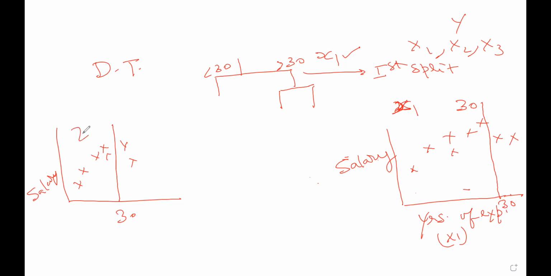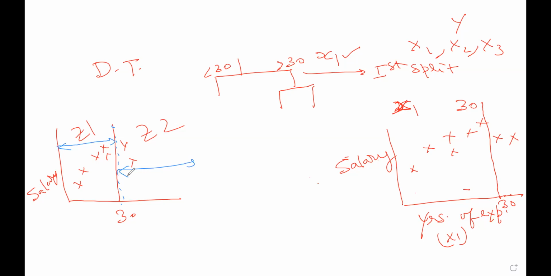So this is zone 1, this is zone 2, and I am going to further split this into more zones. So I don't use this variable. Maybe some other variable at some other value would do better, right? So let me, as of now, try to split it. Okay. So assume that this red line does not exist anymore. It's a dotted line, right? Now I say I either split this zone or I split this zone.